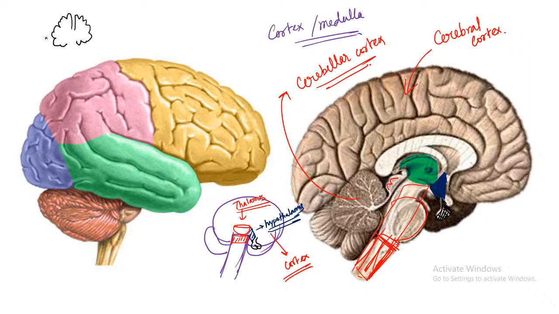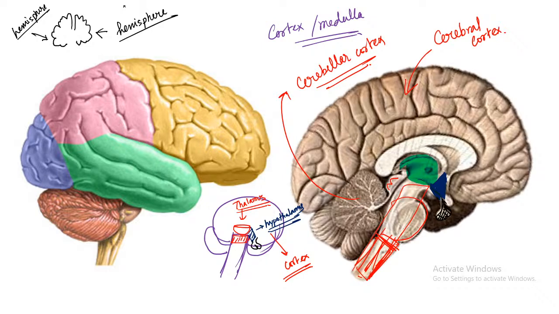So the brain has a clear distinction between the two parts. It is made up of two hemispheres, a spherical structure. So this part is one hemisphere, a left hemisphere, and there's a right hemisphere, right?